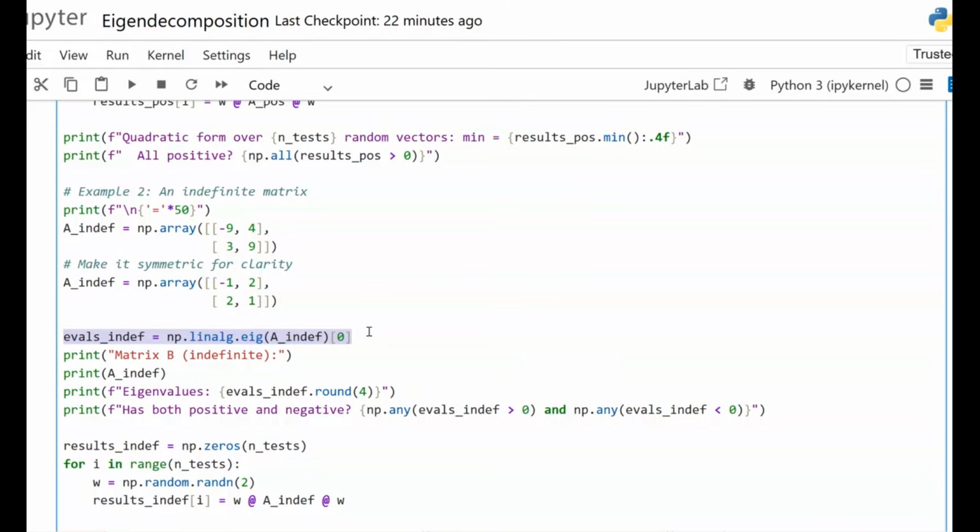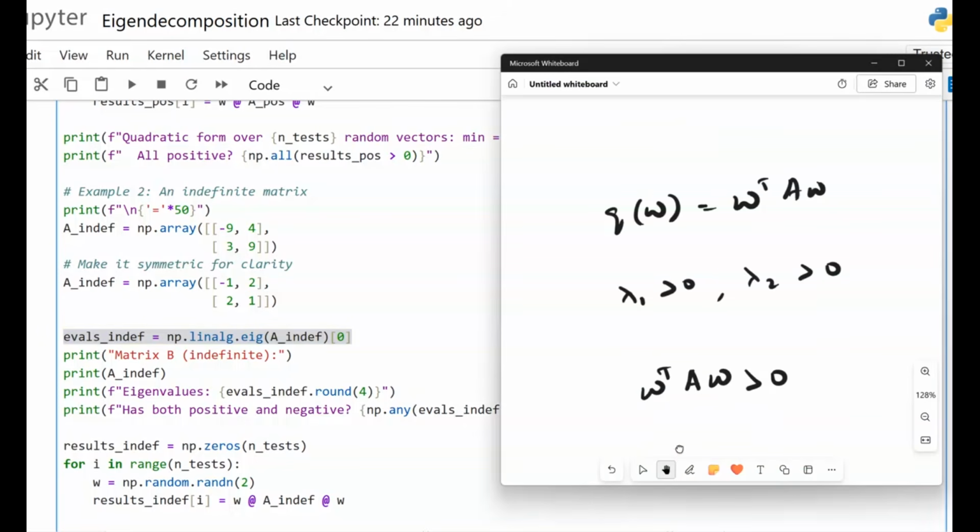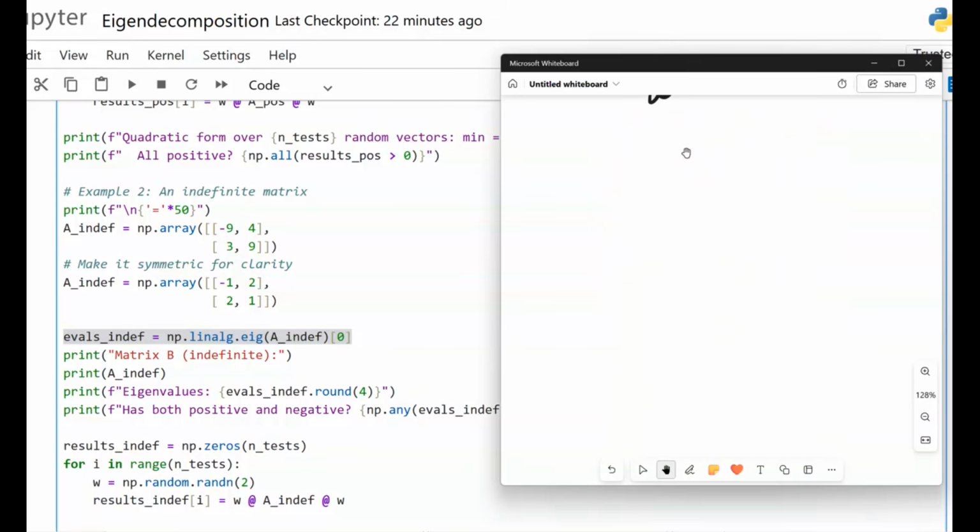One eigenvalue is positive and another is negative: lambda 1 is greater than 0, and lambda 2 is less than 0. If eigenvalues have mixed signs, W transpose A W can be positive or negative. So A is indefinite.